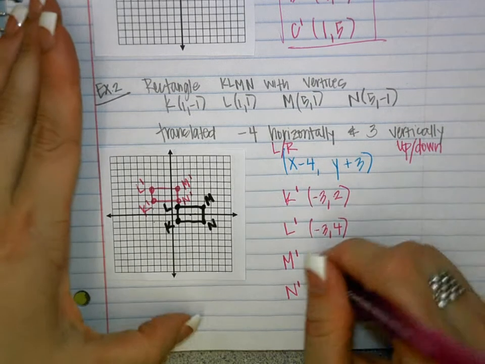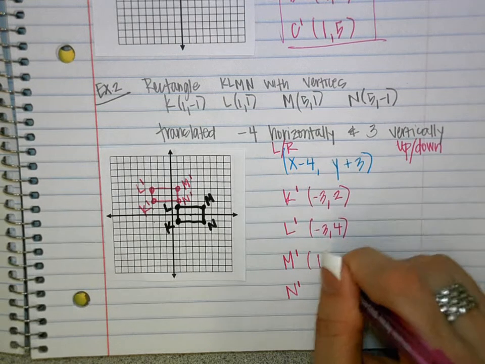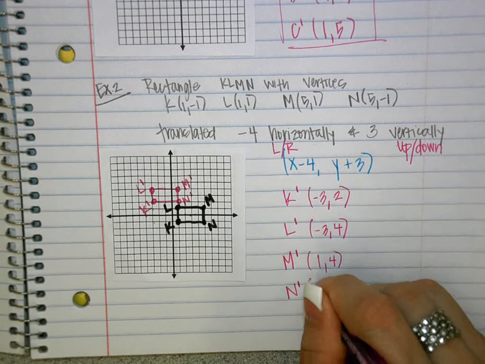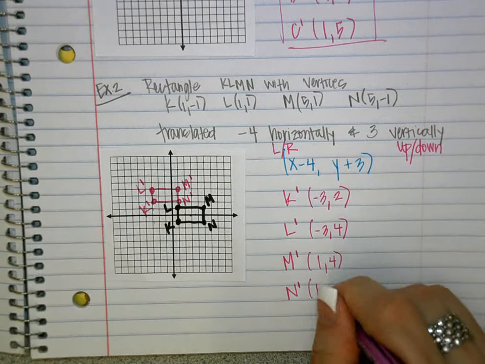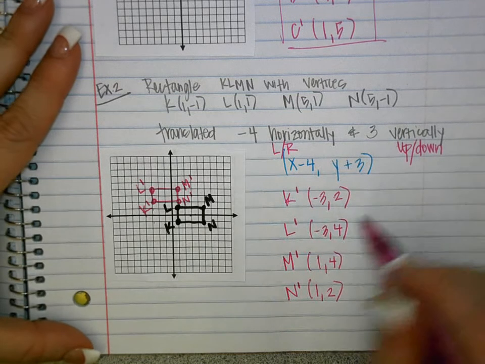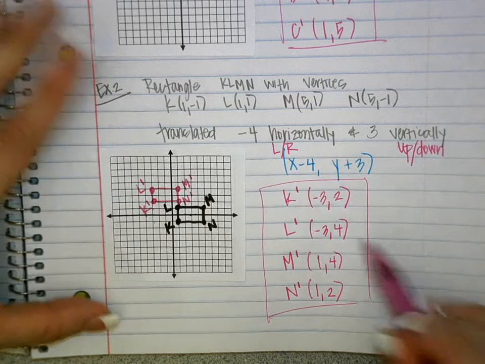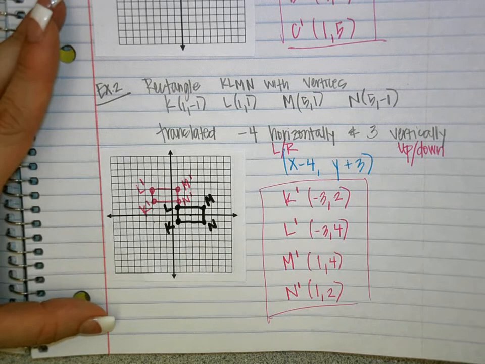And then M prime, if you label that point, should be at 1, 4. N prime should be at 1, 2. After you translate them, you do need to label them. This is the answer I'm looking for: you have to have the picture and the new coordinates.